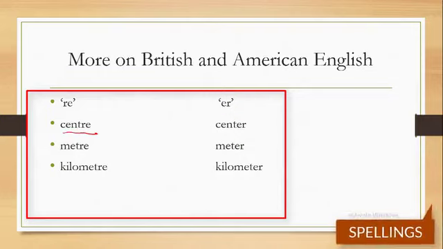This is British, but Americans spell their own center with the ER and not with the RE. The word metre is spelled RE, but in American English it is spelled ER. So we can see that there is a whole lot of difference in the British spelling from the American spelling.